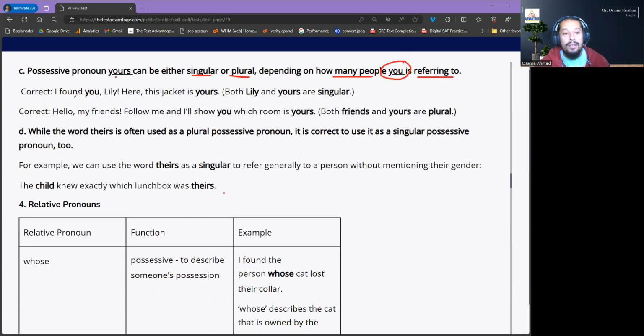Look at this. I found you, Lily. Here, this jacket is yours. Both Lily and yours are singular. But look at this one. Hello, my friends. Follow me and I'll show you which room is yours. Both friends and yours are plural, right? If you ask yourself, who is you? The friends.